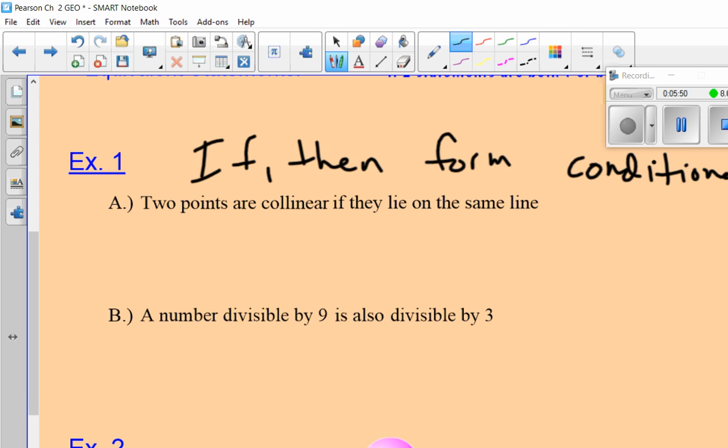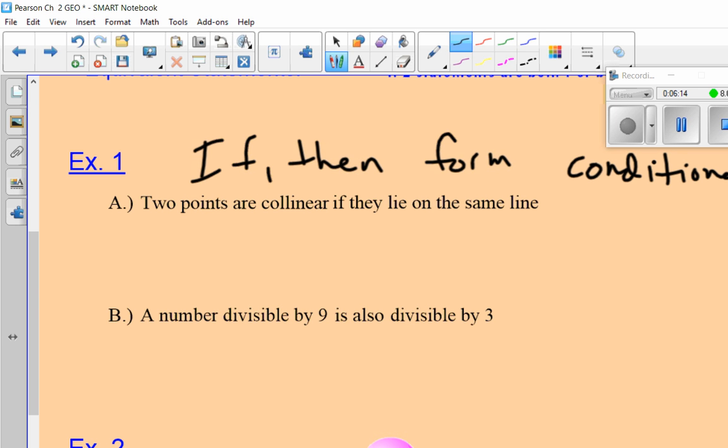The way I write it and the way you might write or interpret it could be different. We just need to get the same meaning going. Somewhere in here, I'm going to stick in the word if and then find a place to hinge it with the word then. So, 2 points are collinear if they lie on the same line.